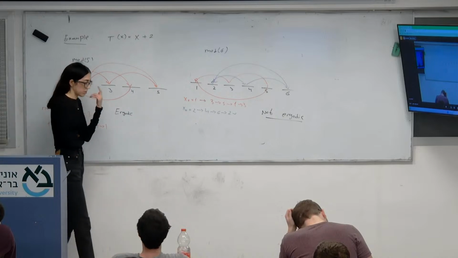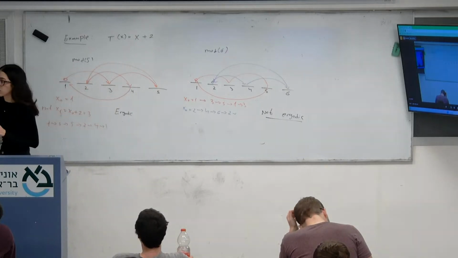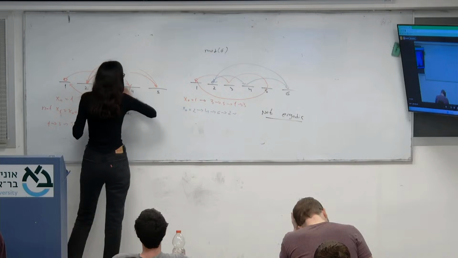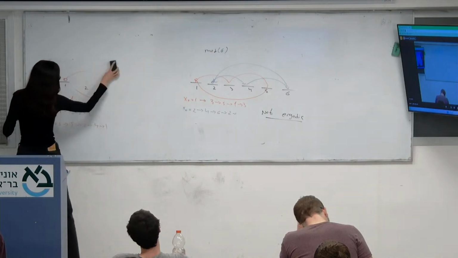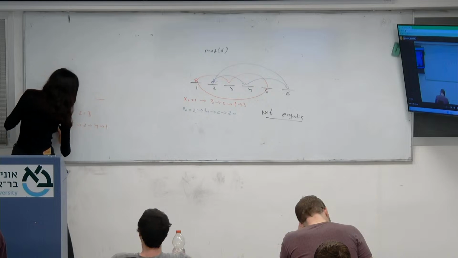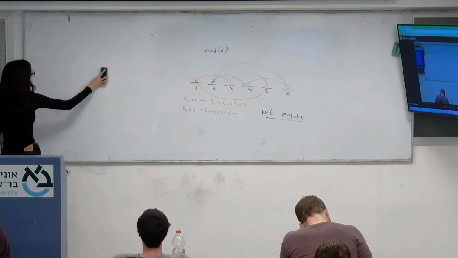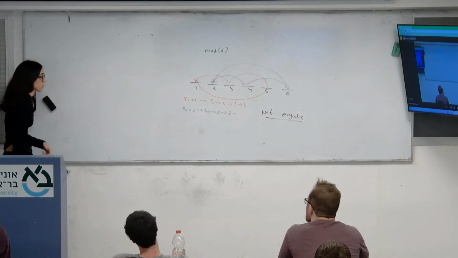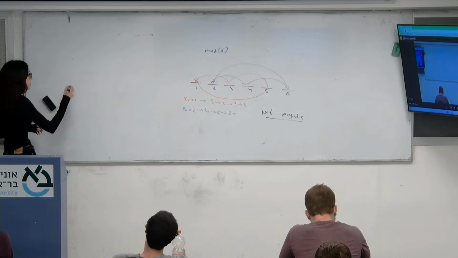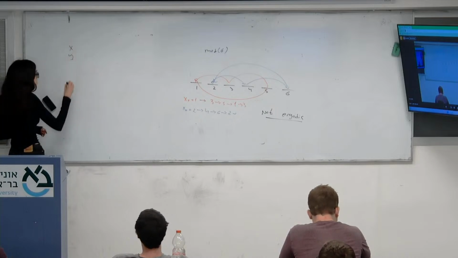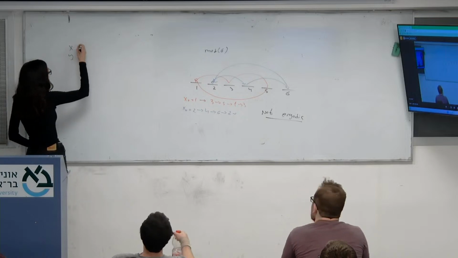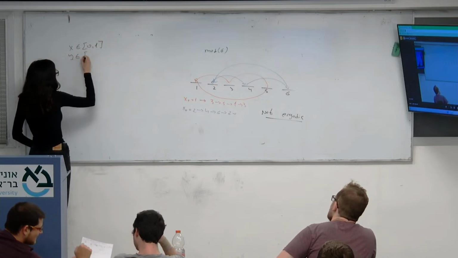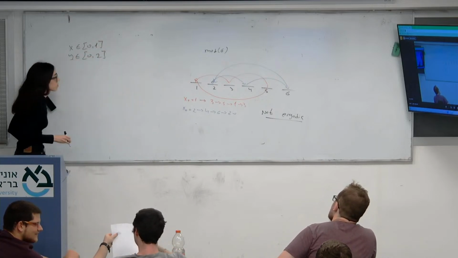So okay, let me show you an example. In the previous semester, there was a question in the test. You have two unknown variables, x and y, and x goes from 0 to 1, and y goes from 0 to 2.